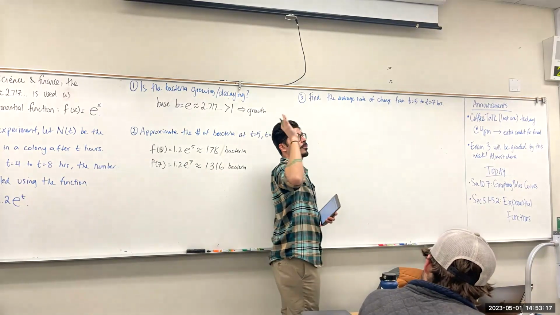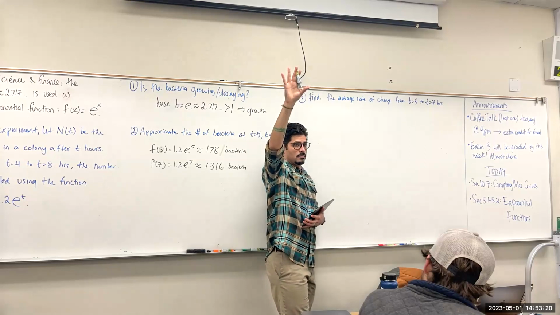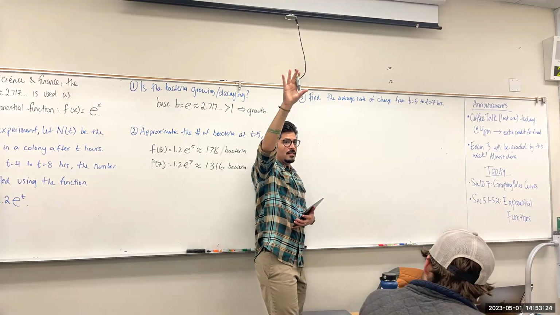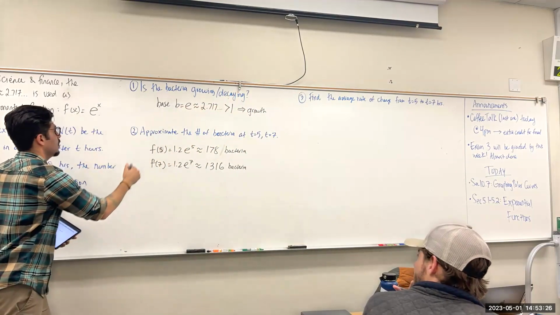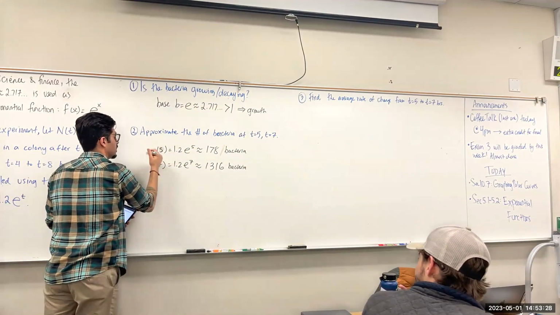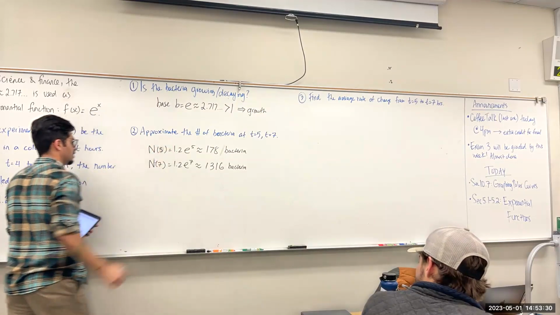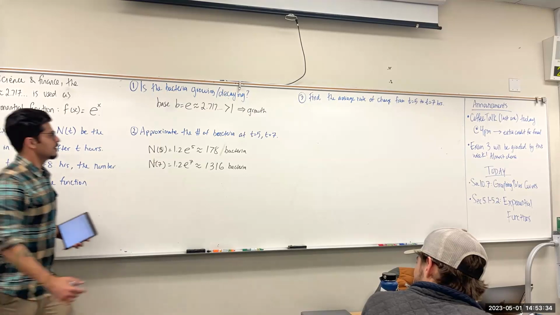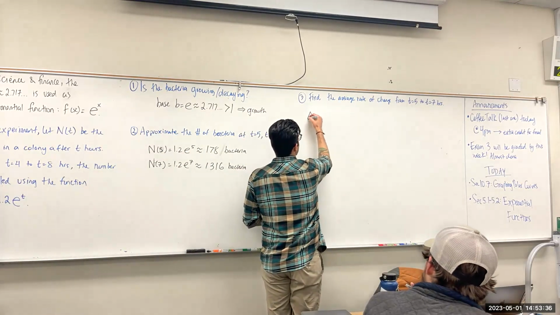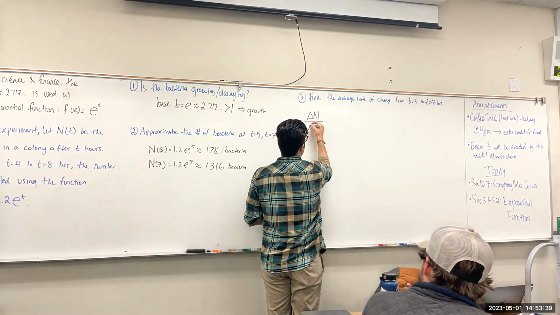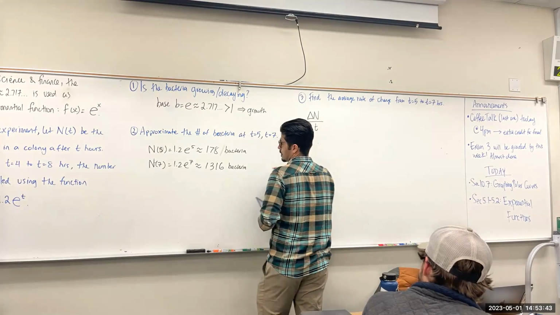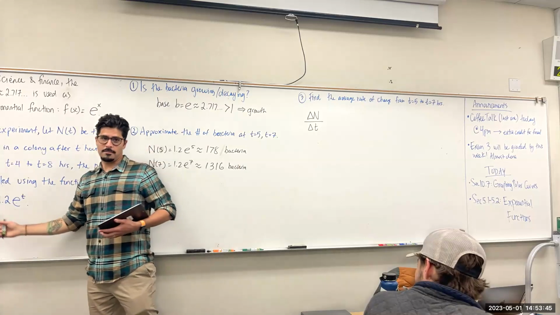What is the variable for the output in this function? Oh, crap, I made a mistake. N. So the function is N, the number of bacteria. So in this case, it should be the change in the number of bacteria over the change in T, because in this case, it's a function of time, right?